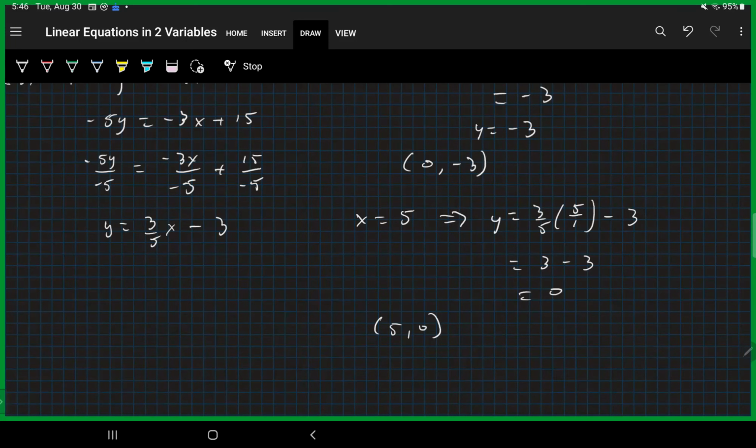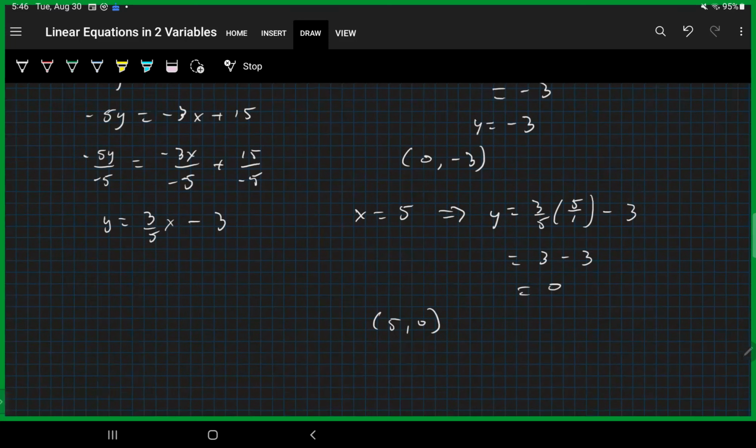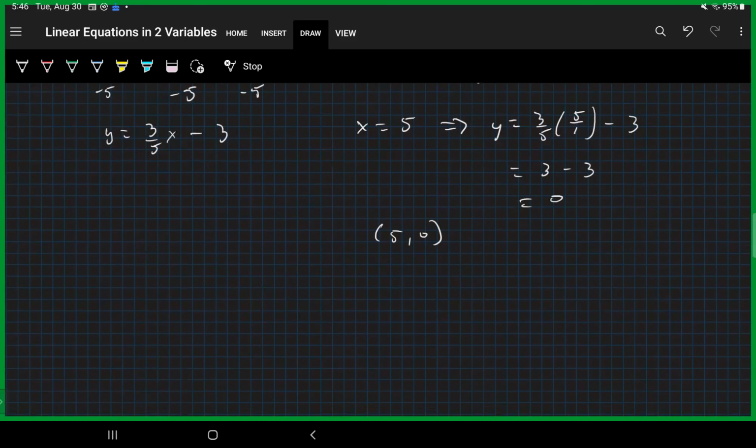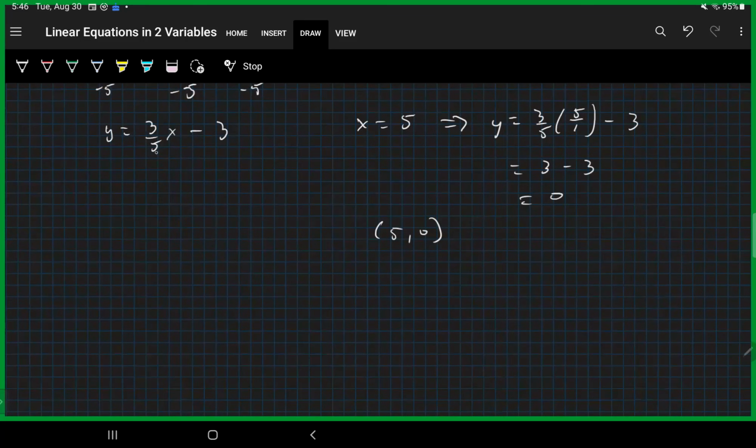We need to find another point. In order to find another point, again, we're looking at y equals 3/5 x minus 3. Let's try to plug something in that's a multiple of 5. Let's go the other way. Let's try x equals -5. Okay. y equals 3/5 times -5 over 1 minus 3.